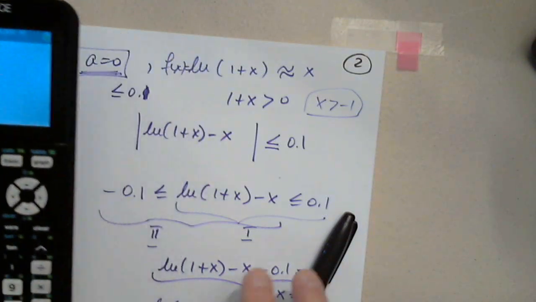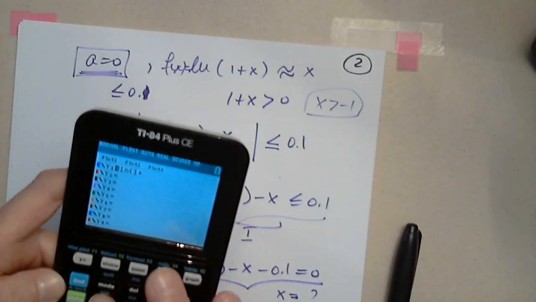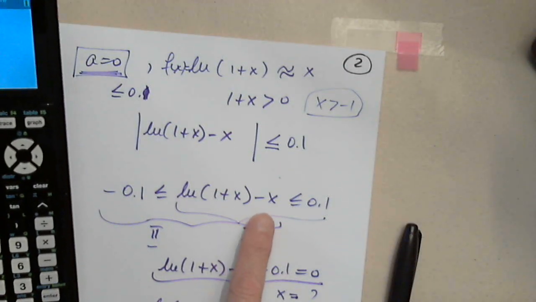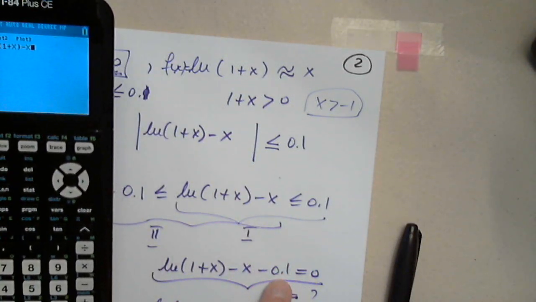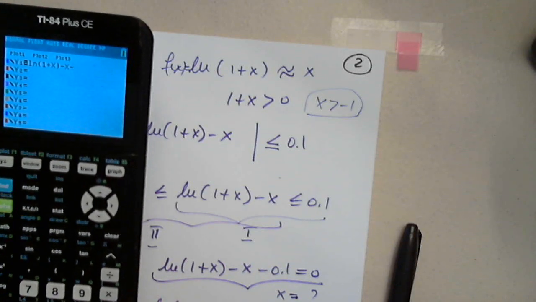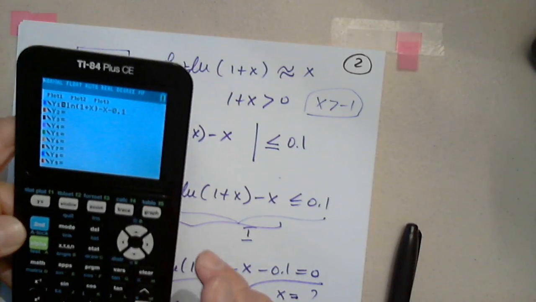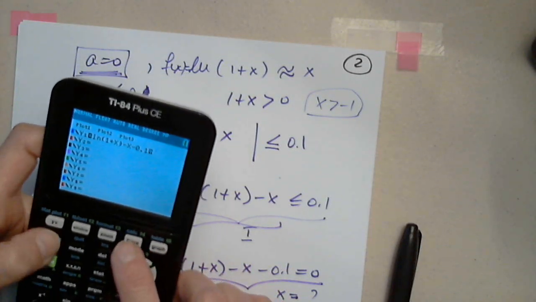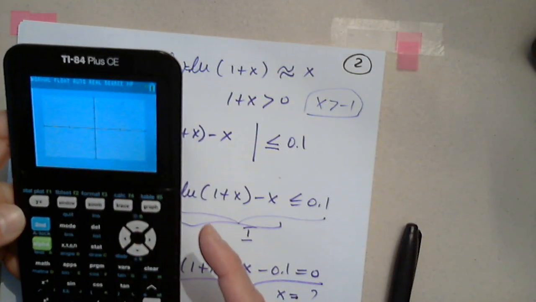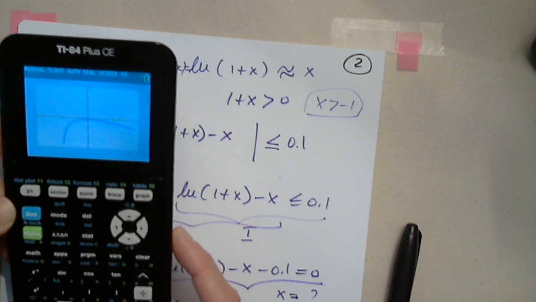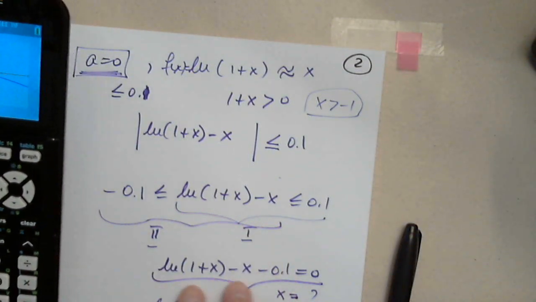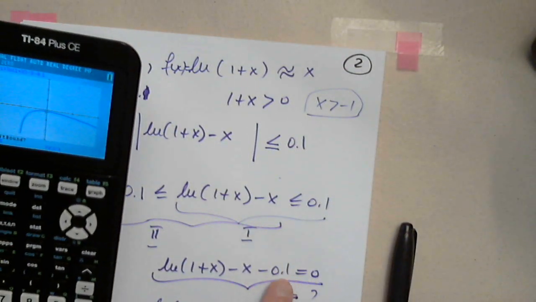So natural log, parentheses, 1 plus x, close, minus x, correct, and minus 0.1. Okay. So when I do second and calc and the 0, it does not touch the x-axis. So this is always less than or equal to 0.